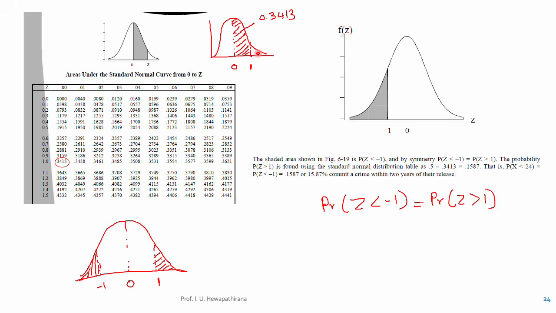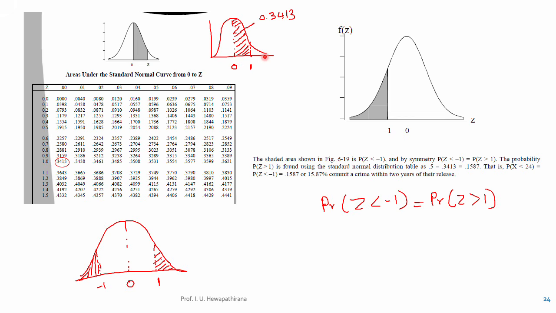So what is this? We know that the probability of this symmetric half is 0.5 because the whole area is 1, the curve is symmetric, and the area to the right of 0 is 0.5, the area to the left of 0 is also 0.5.